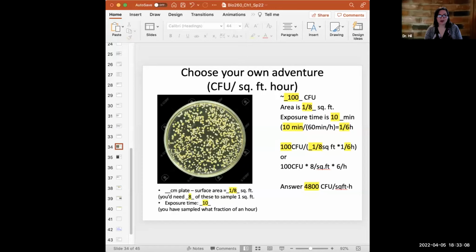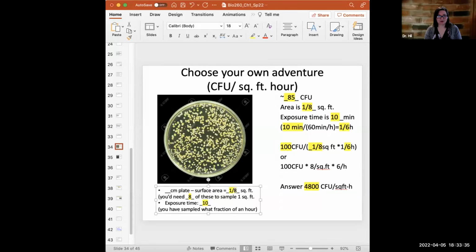Okay, so first of all, give me a number that is around 100, but not exactly 100. Put it in the chat. I'll pick one of your answers. 85. I love it. Let's put in 85. Give me a fraction of a square foot that's not 1/8. Give me something else that's not 1/8. Oh, a quarter of a square foot.